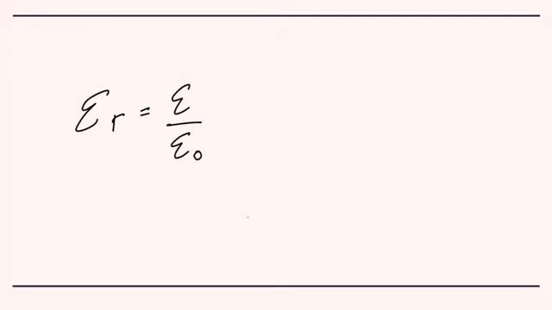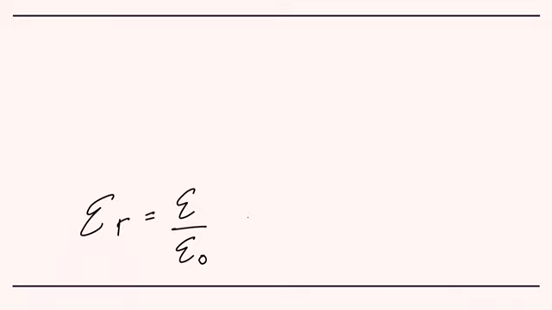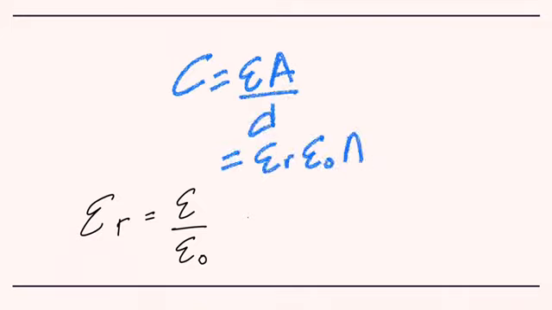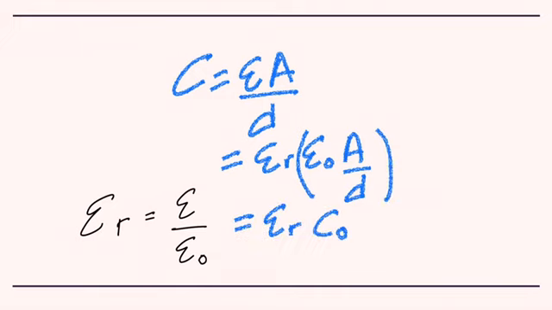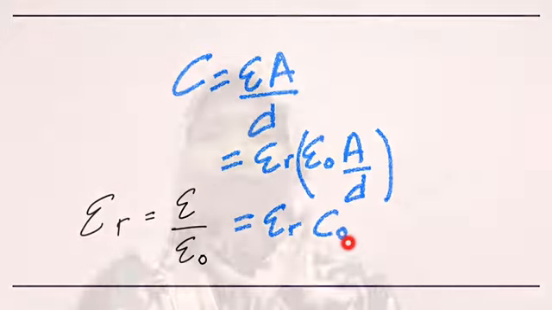Mathematically, the dielectric constant is the ratio of the permittivity of the dielectric material to the permittivity of free space. Therefore, the capacitance of a capacitor with dielectric material is given by this equation. So we are left with the dielectric constant multiplied by the capacitance with the air gap.